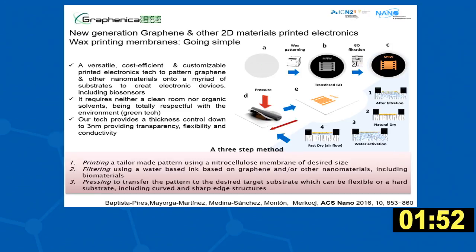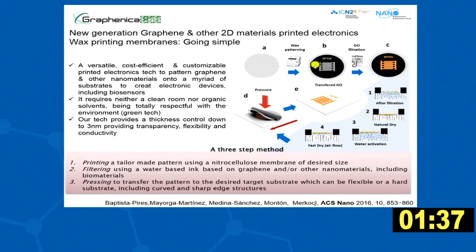So I'm just trying to explain finally some applications with patterning systems. So we have this patterning of exfoliated graphene to build different kinds of electrodes by using paper membranes.